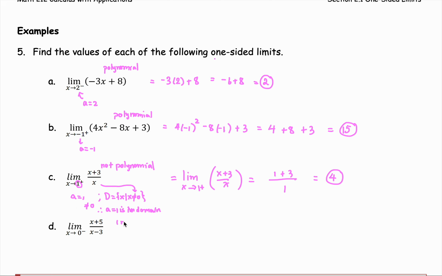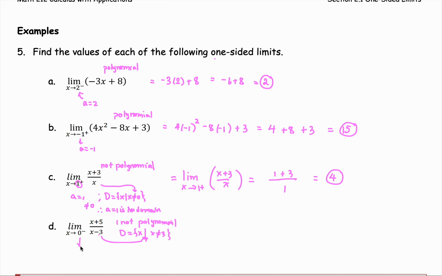Again, this one is not a polynomial because it's in fraction form; we call this a rational function. If it is not a polynomial function, again we consider the domain. The domain is the set of x such that x cannot be 3.